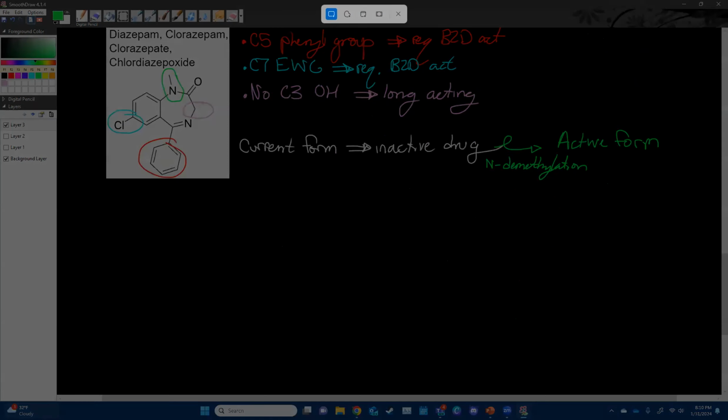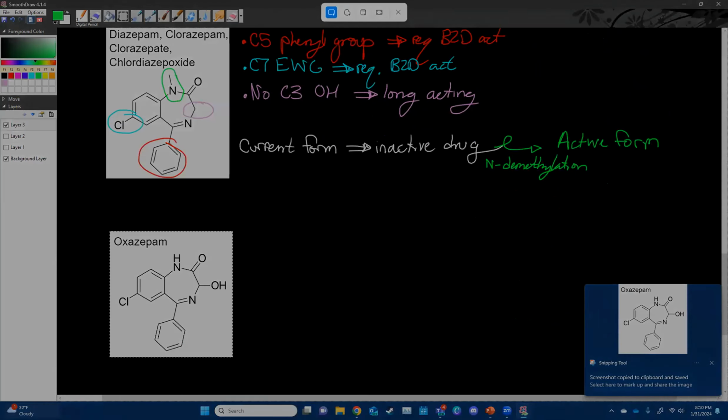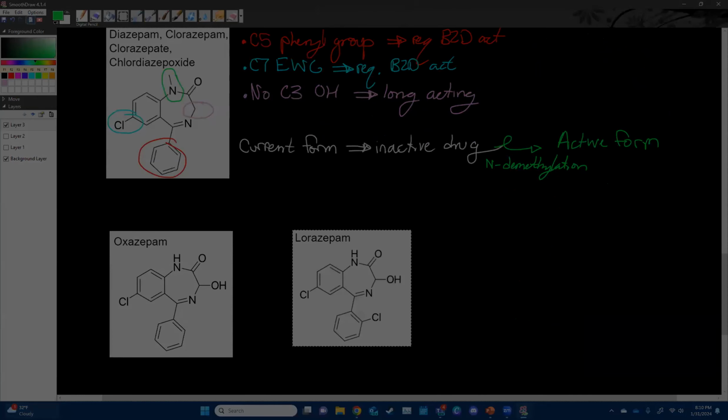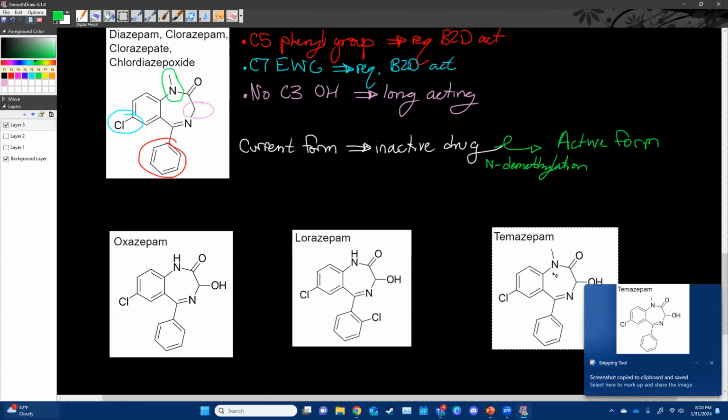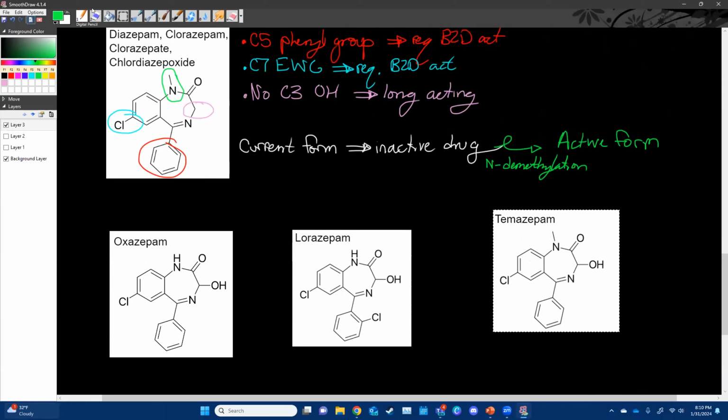Taking a look at our next set of drugs, our intermediate acting, we have oxazepam, lorazepam, and temazepam. And here we're going to see some of the quintessential aspects that have just been missing so far. So again, looking at oxazepam, we have that C5 phenyl group, which is required for activity. We have that electron withdrawing group that is also required for activity.